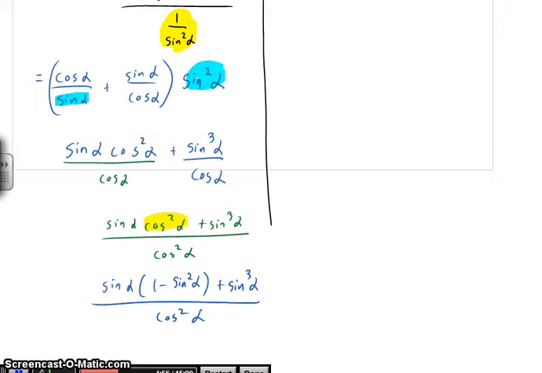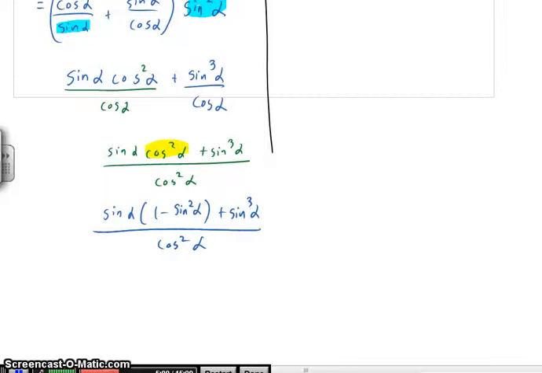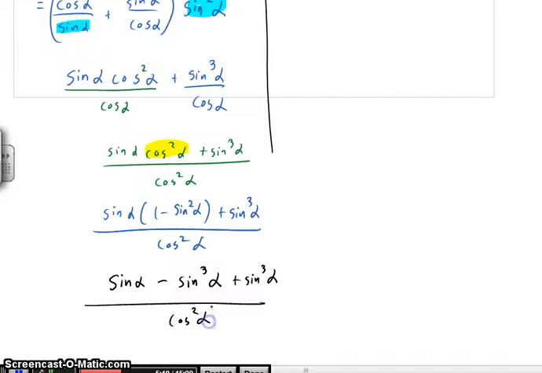Now I'm going to distribute. There are probably easier ways to do this. I feel like I'm making this much harder than it is. Sometimes that happens. So I'm going to distribute, and I see an error. This should not be cosine squared. This should be cosine, just straight up cosine.